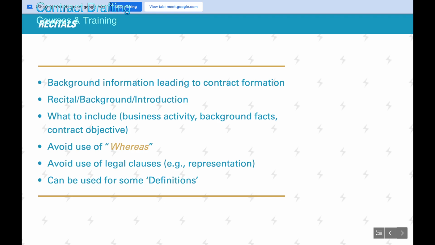And we can use this part to identify some definition, just like the introductory sentence, where we identified agreement as a defined term, effective date as a defined term.